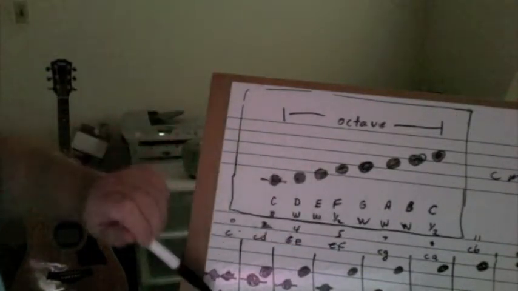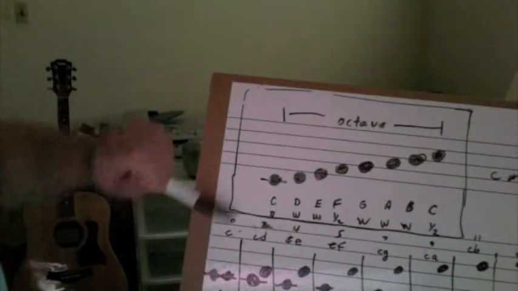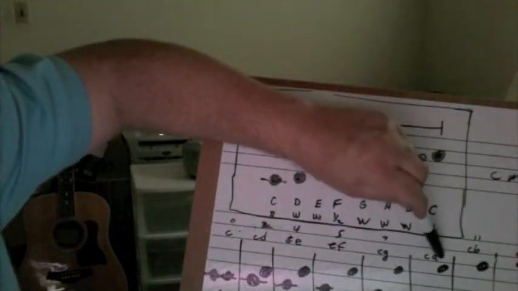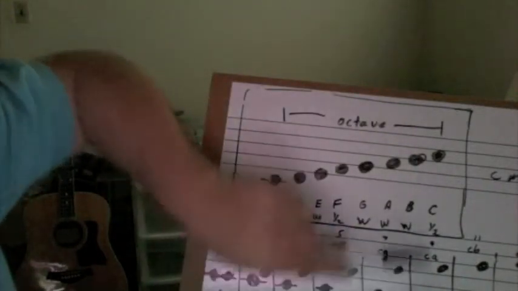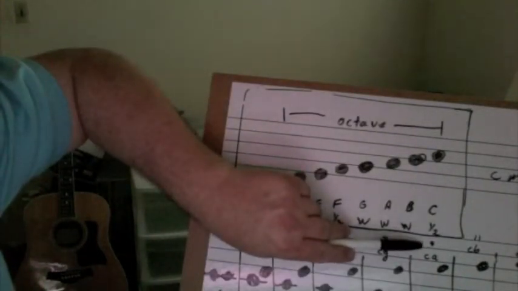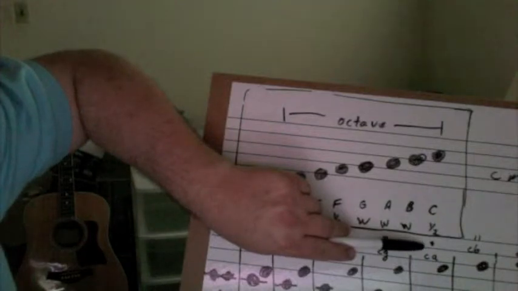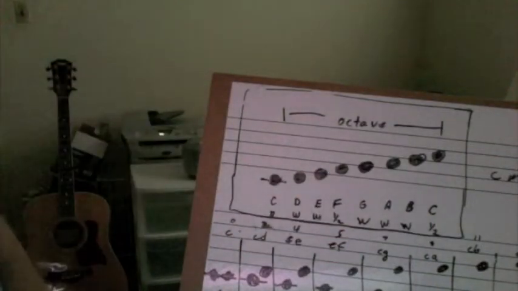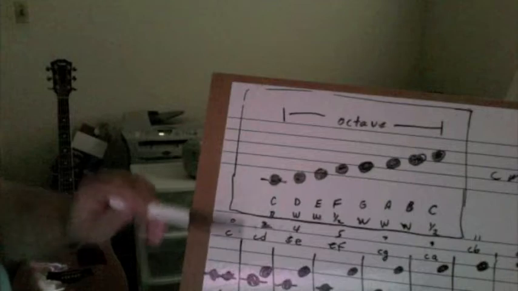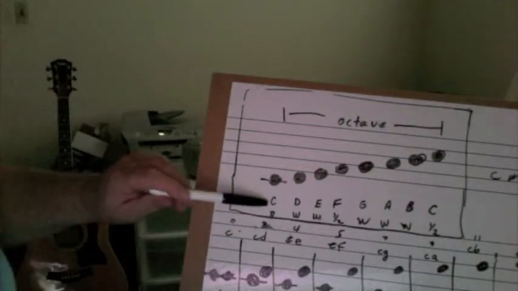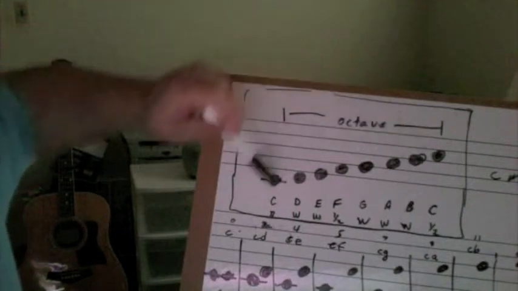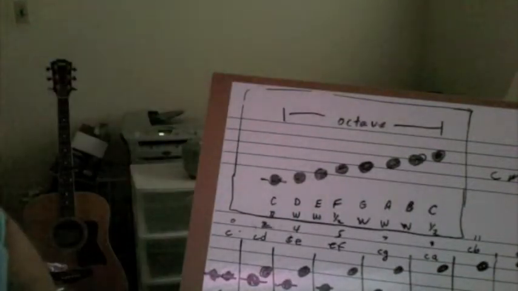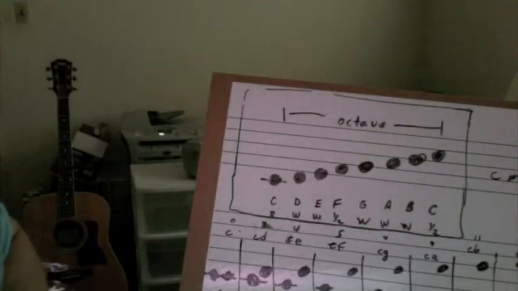The next interval is from C to A, which is a major sixth, and it is a total of 9 half steps. And then from C going all the way up to a B is a major seventh, and that is a total of 11 half steps.